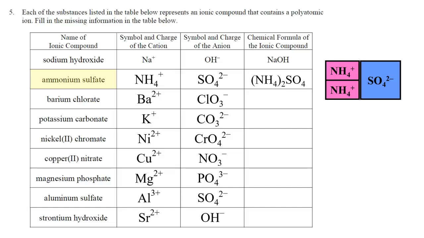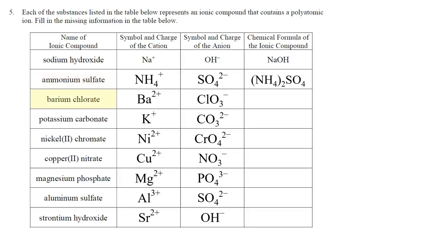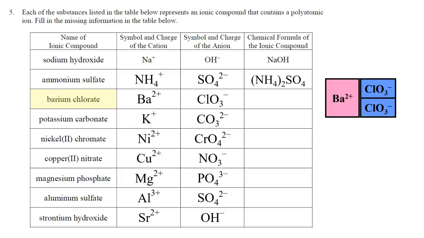All right, our next example is barium chlorate. So if I have barium, which is 2+, and I have chlorate, which is ClO3 -1, again, you can see that those charges are not balanced until I add another chlorate ion. So now I'll do the same thing I did with the ammonium sulfate.